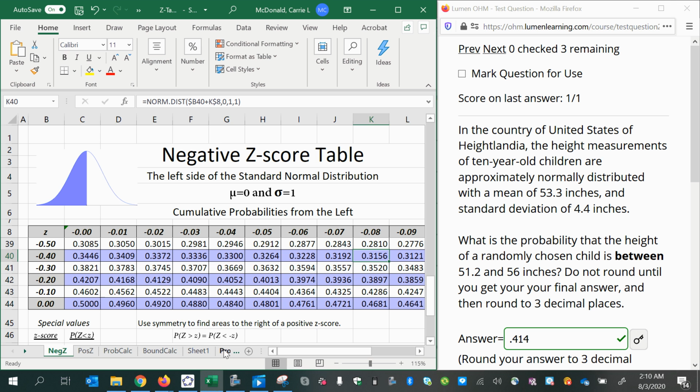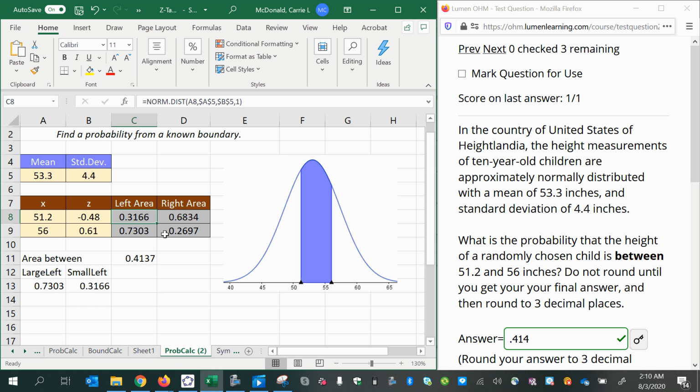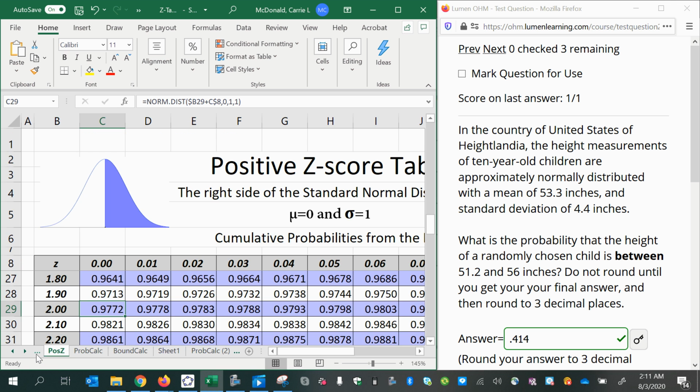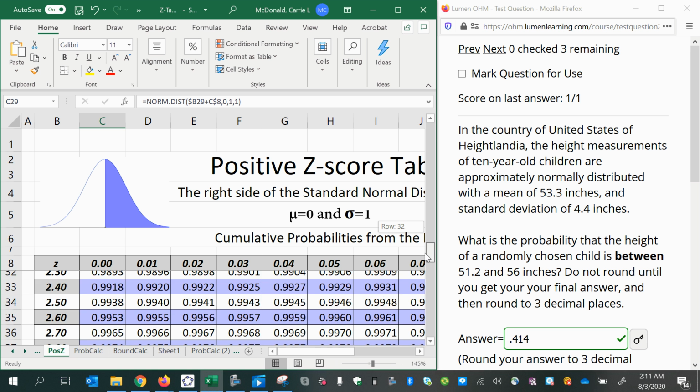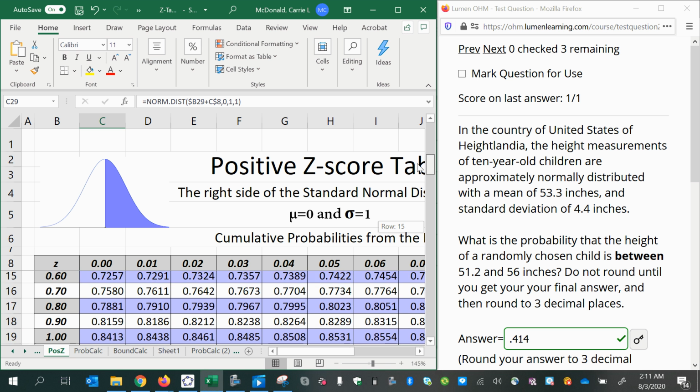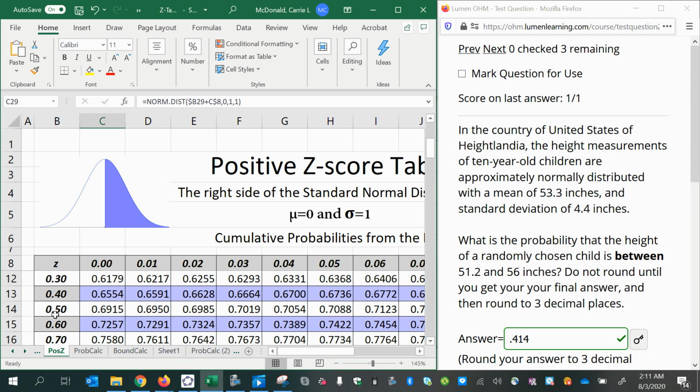I can do the same thing for this area using this z-score of positive 0.61. So looking up the probability in the positive z-score table for 0.61. Here it is, 0.6, and then 1 is the last decimal, 0.7291.